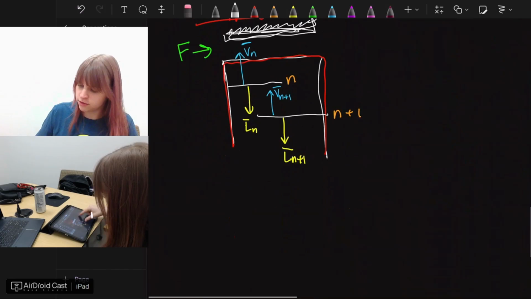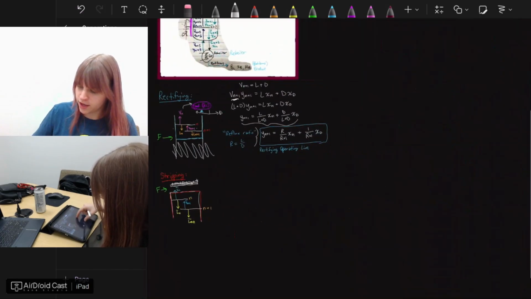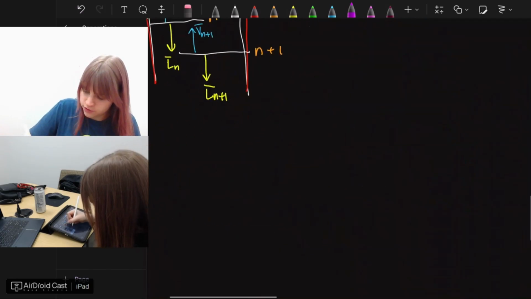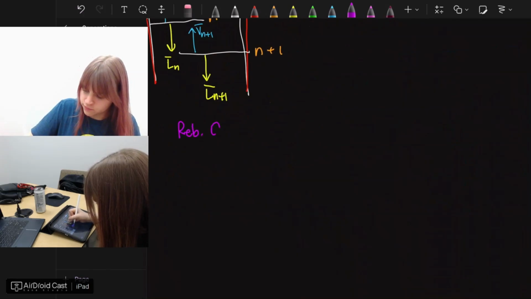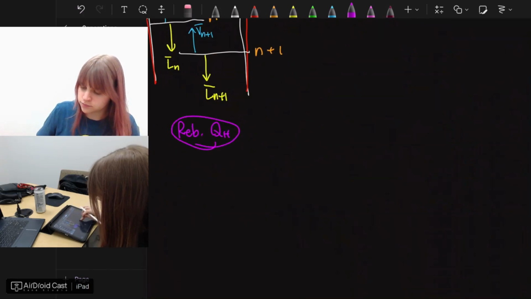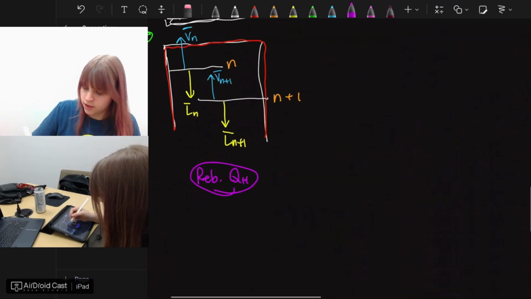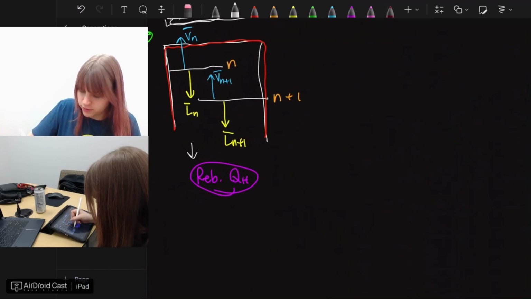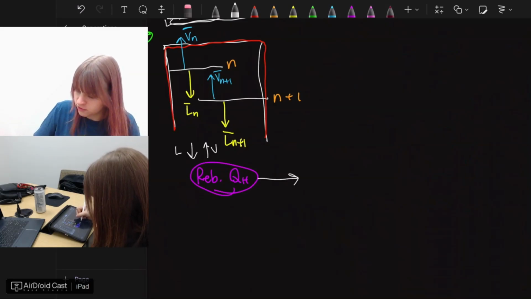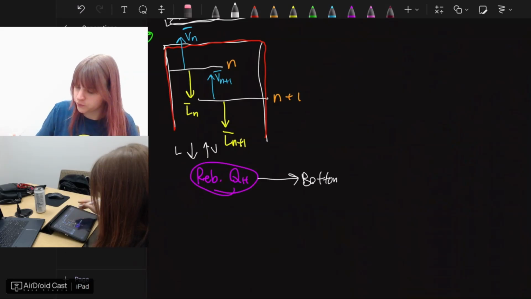And obviously we have our reboiler here. Essentially you get liquid coming down, vapor returning, and then some of that exits as the bottoms.